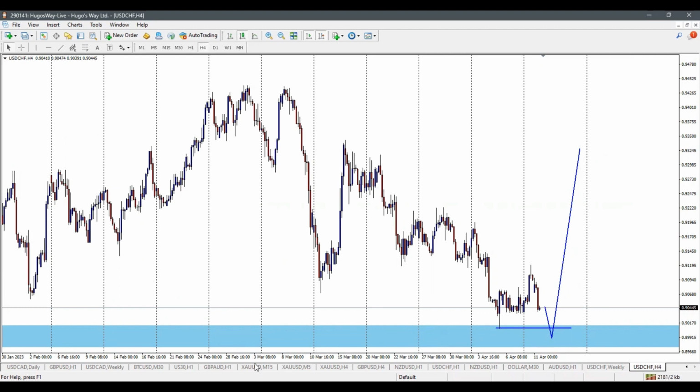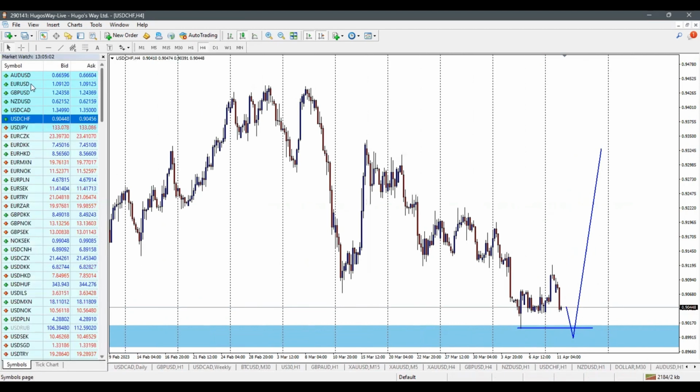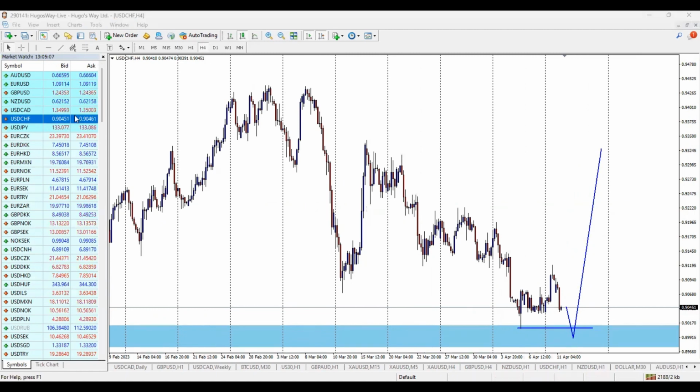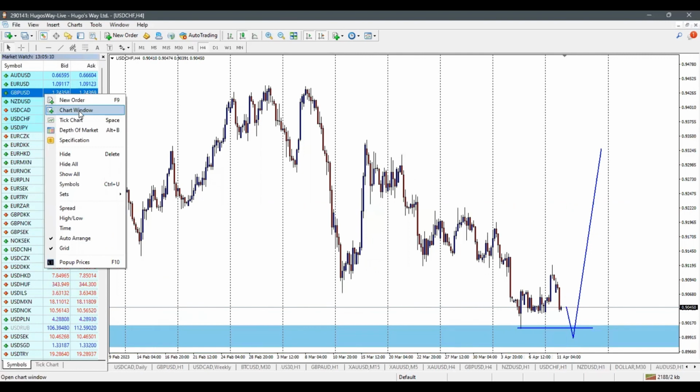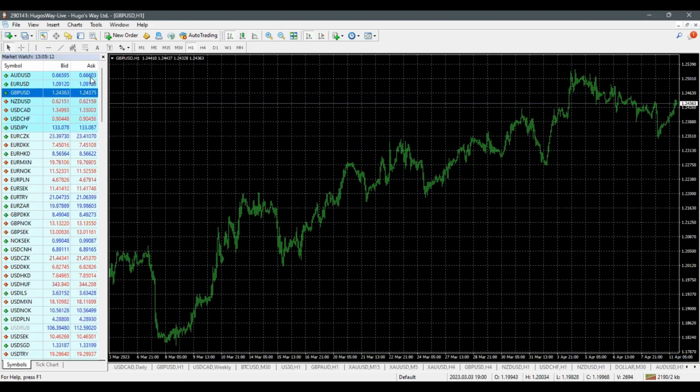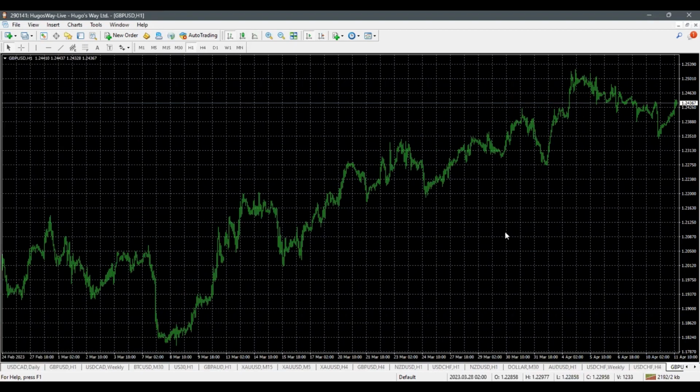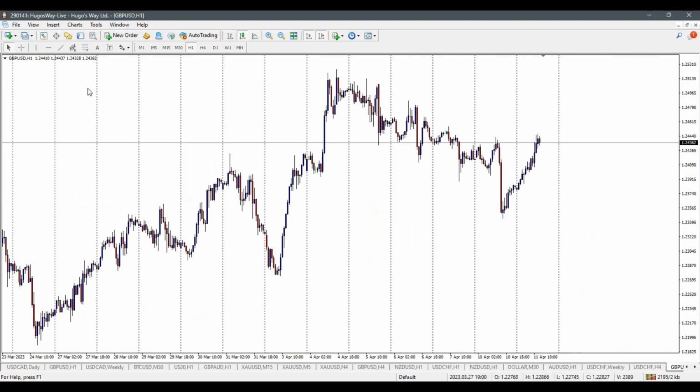The second pair that I'm looking at, I'm gonna pull this here, is pound USD. Now, I believe USD CHF and Euro USD have the best correlation, but there is a pair correlation between pound USD, USD CHF, and Euro USD, simply because of the dollar strength.